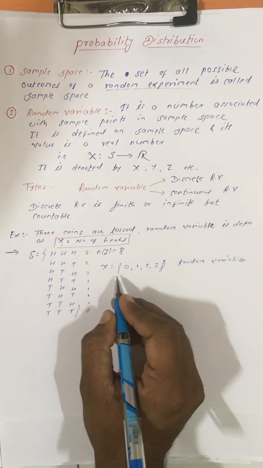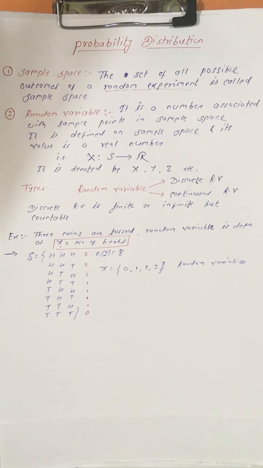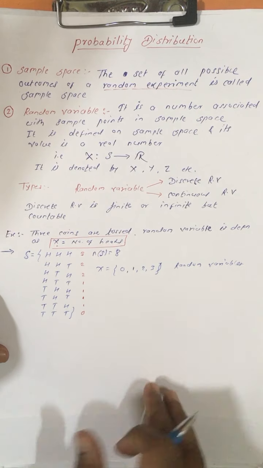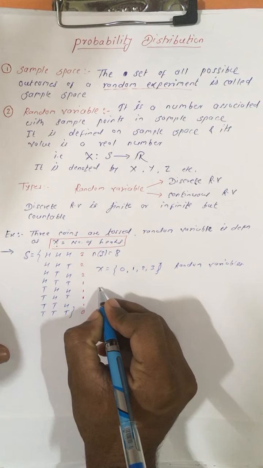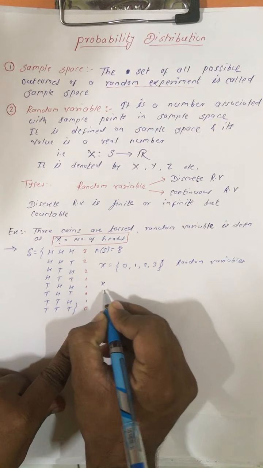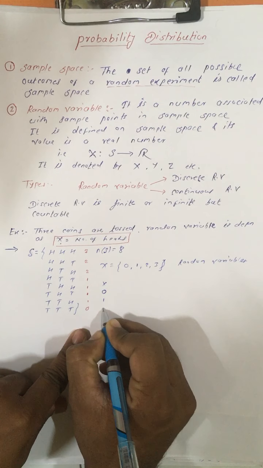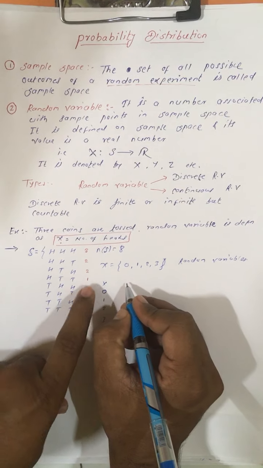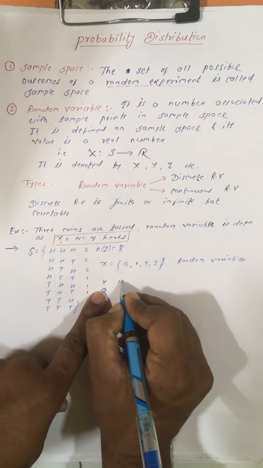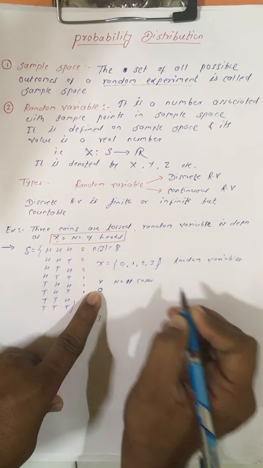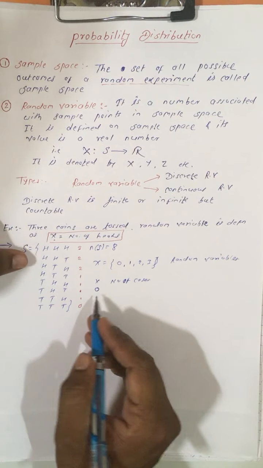What are the values of the random variable? 0, 1, 2, 3. Now, we see the probabilities of this random variable. For X equal to 0, 1, 2, 3, we count the number of cases.